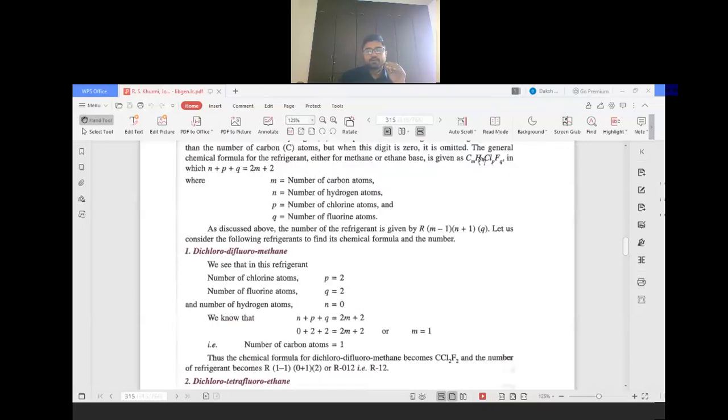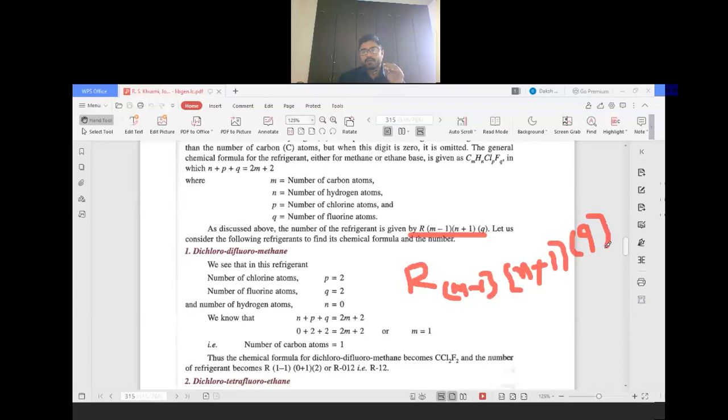So first of all, what you need to do is write down your number like this: R. After R, the first digit will be M minus 1, the second will be N plus 1, and the third will be Q. Remember?